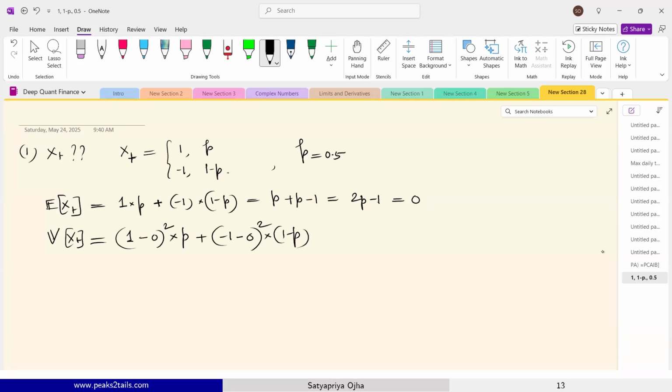Let me take p as 0.5. So this is 0.5 plus 1 times 0.5, which is 1. So the expectation of x is 0, variance of x is 1.